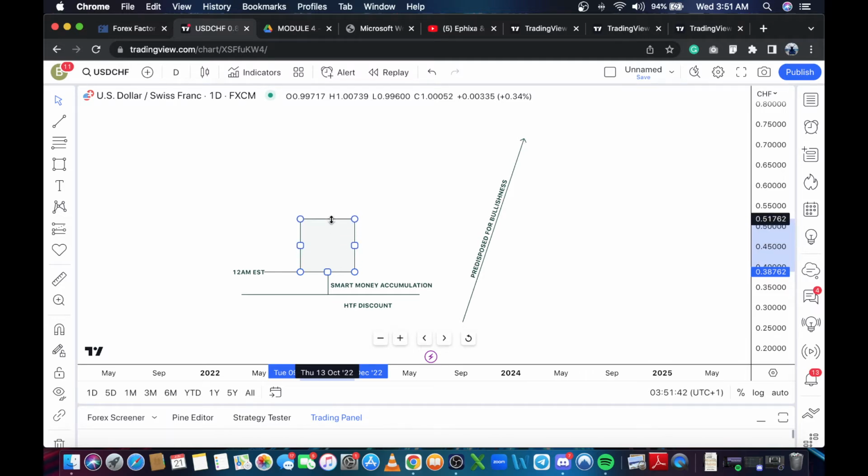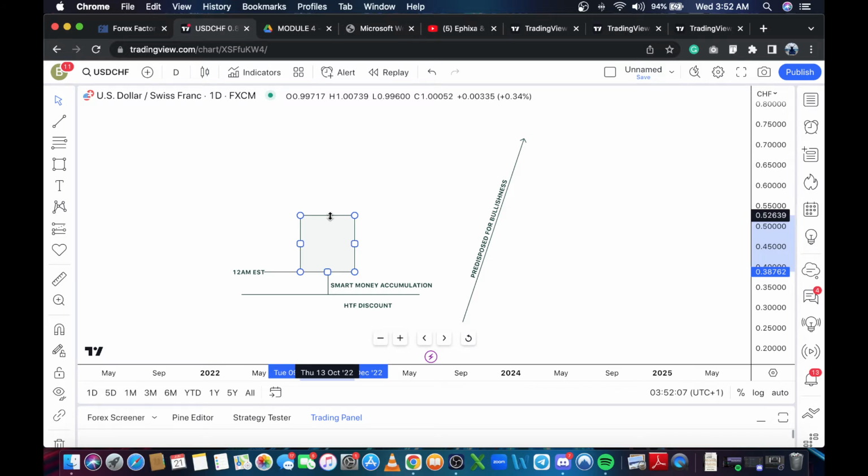And then going into London lunch, and London lunch is a time period between London Killzone and New York Killzone. That's where the market will go into the first stage of squaring or profit taking or distribution for a predisposed bullish order flow in a daily bullish candle.